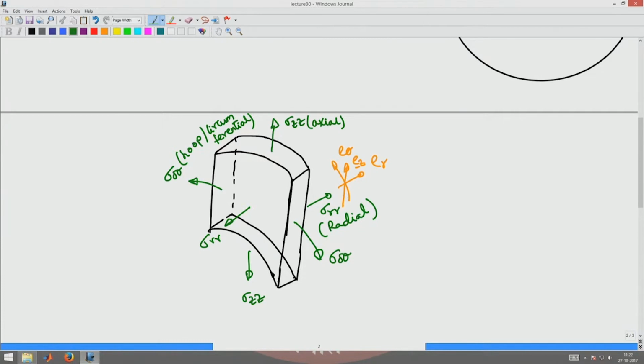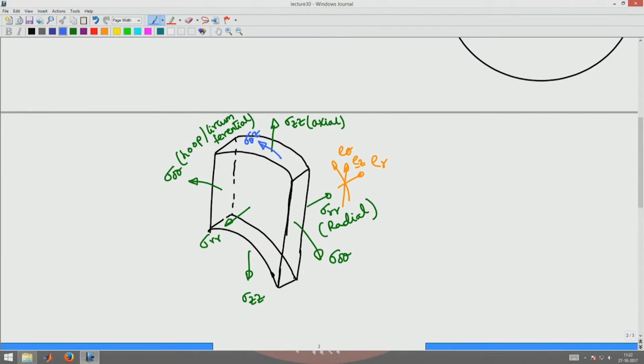Now, for completeness we will complete the shear stresses also. What will this shear stress be? The normal to the cut surface is Z and the shear stress is acting along the theta direction. So, that will be sigma theta Z, or to be precise sigma Z theta.